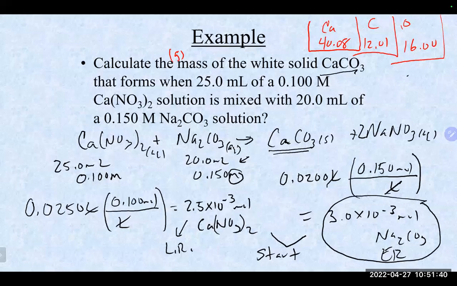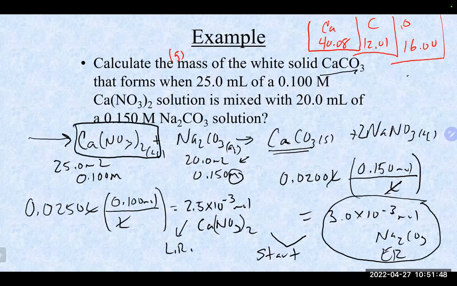Now that we know that the calcium nitrate is our limiting reagent, we will use the starting moles of calcium nitrate to go from calcium nitrate to our calcium carbonate. It looks like it is a 1-to-1 relationship, so that makes it pretty easy.